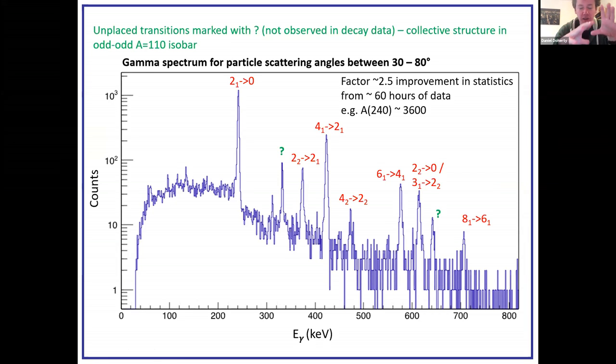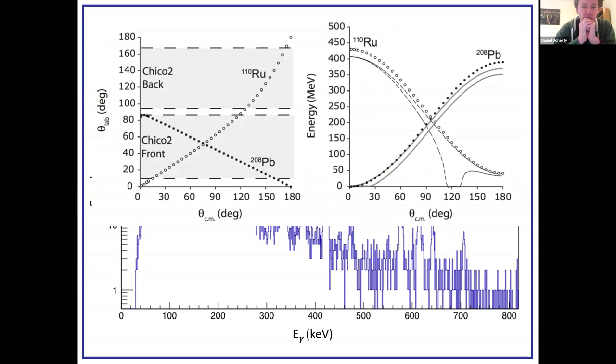So even applying some time gate with the EBIS, you still weren't able to use this information. But it's not so critical, really. Even only measuring up to 90 degrees in the lab, you still cover center of mass angles greater than 100 degrees, up to 120 degrees in the center of mass. So you're really sensitive to these second order effects, the reorientation effect, etc.